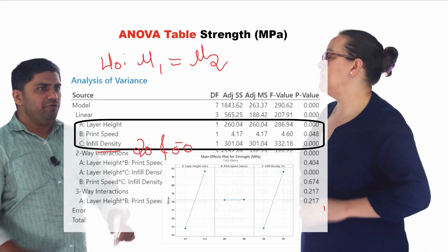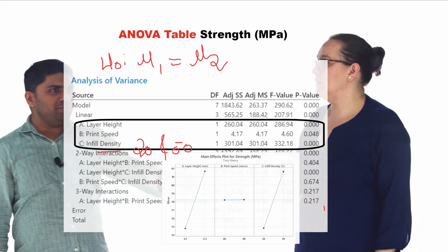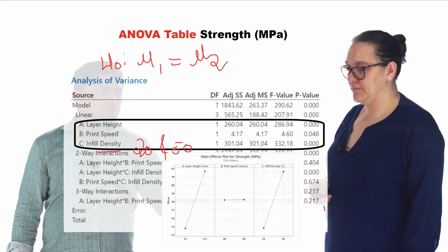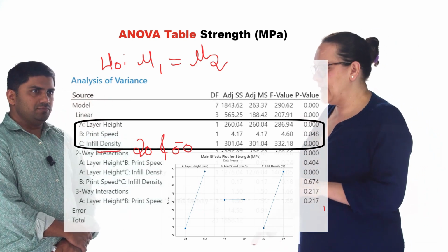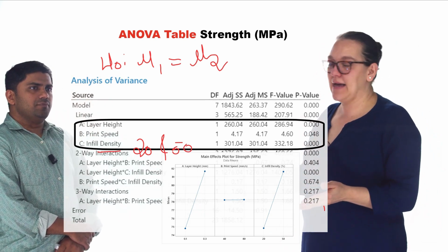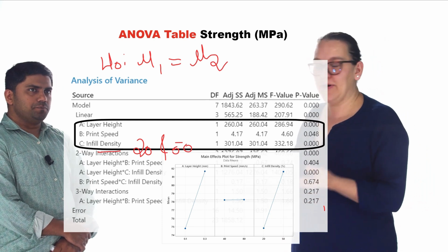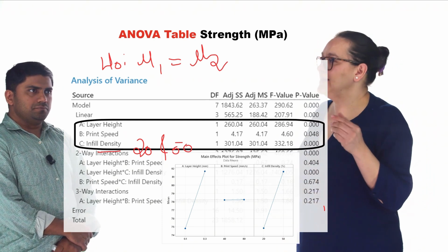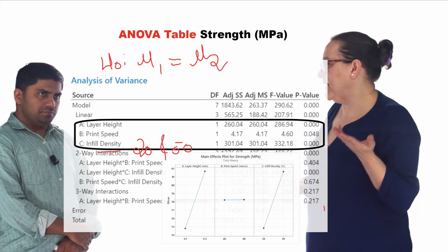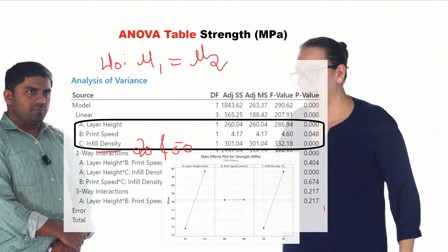If we had taken conclusions only from this graph, we would have missed this conclusion. We would have said that the print speed doesn't have an effect, but we can see from the analysis of variance that it has a significant effect. It's smaller, but significant.